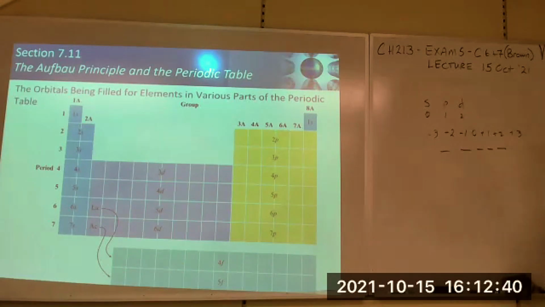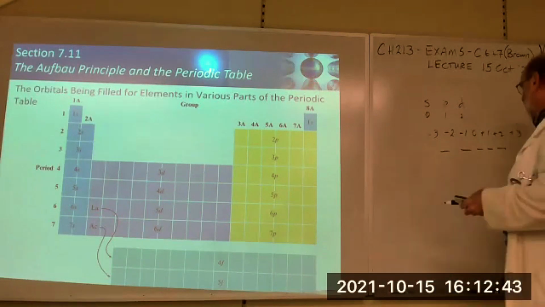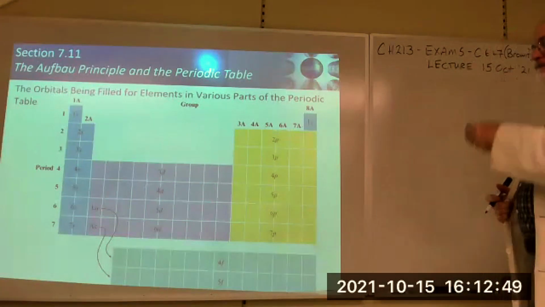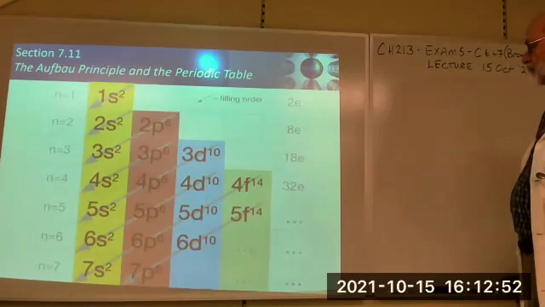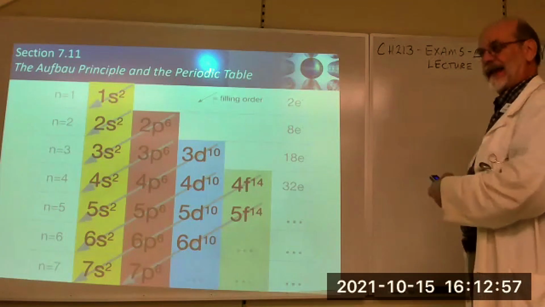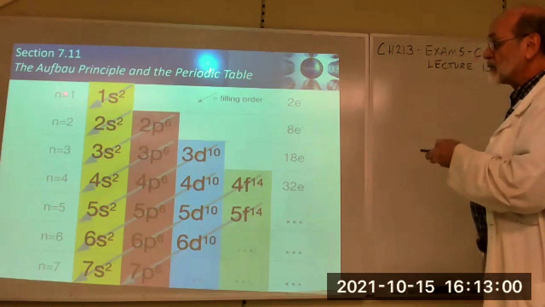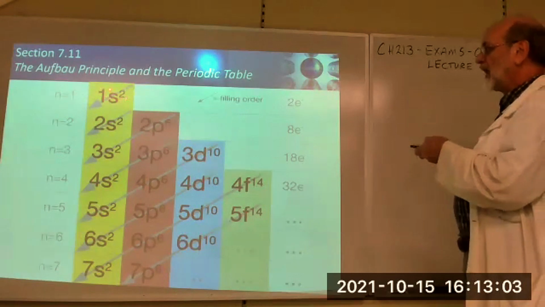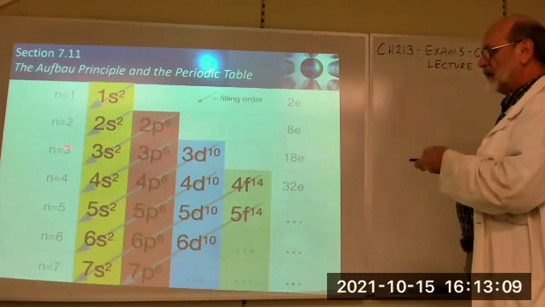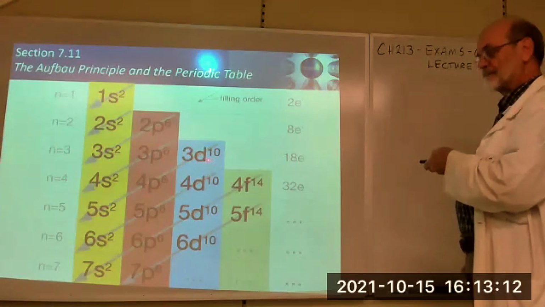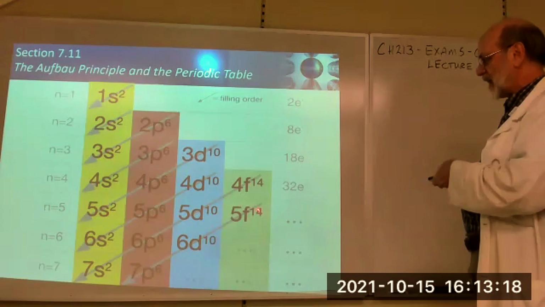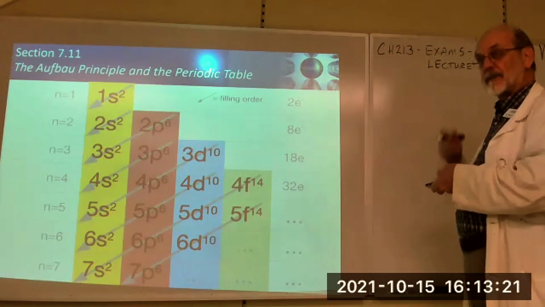Okay? All right. This is that diagonal thing I was talking about before, knowing which ones to fill when. So if you say n equals 1, 1s is all you can put in there. n equals 2, you can have s's and p's. n equals 3, you can have s's, p's, and d's. n equals 4, you can have s, p, d, and f. n equals 5, you can have s, p, d, f, and you can actually have g's.